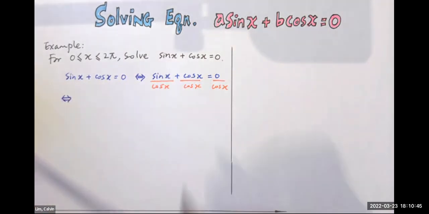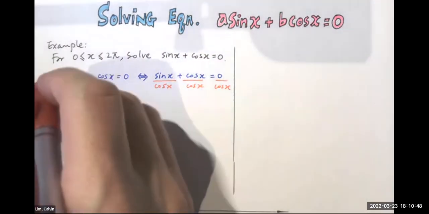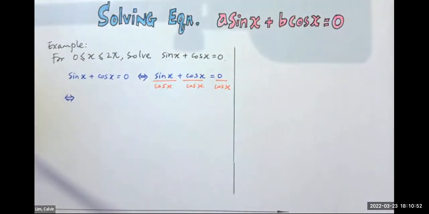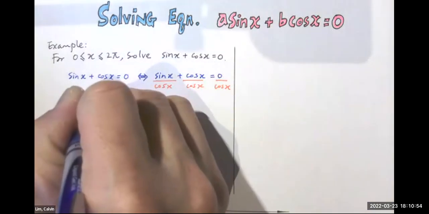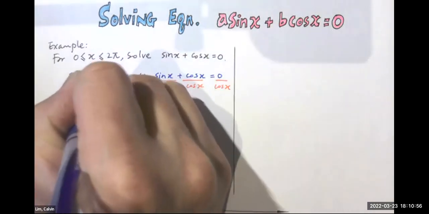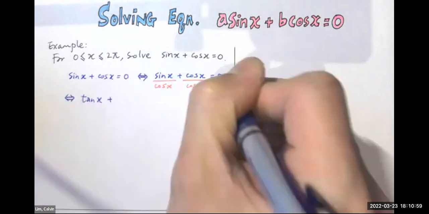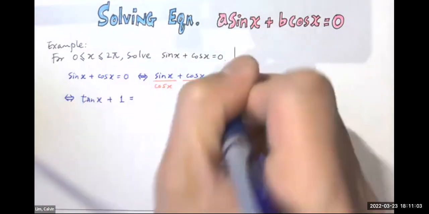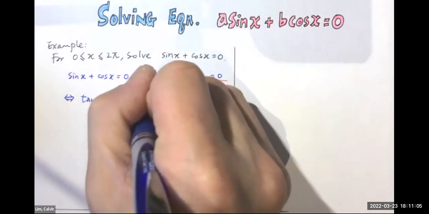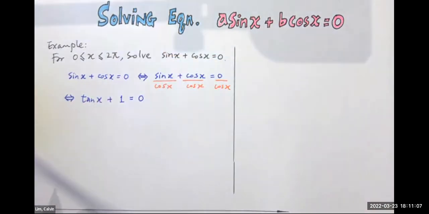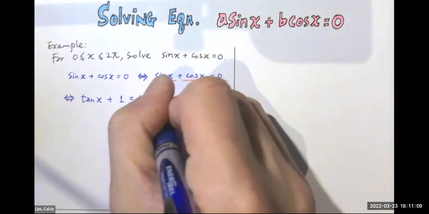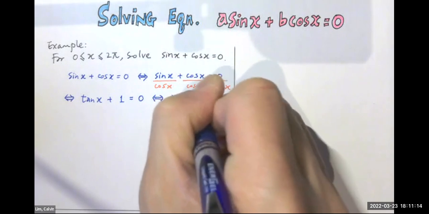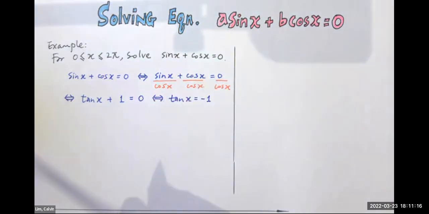And of course, cos x cannot be 0. So we get sine x over cos x, which is tangent x, plus cos x over cos x, which is 1, equals 0 divided by cos x, which is 0. Subtracting 1 from both sides gives me tangent x equals -1.